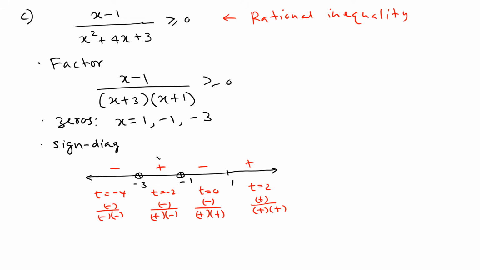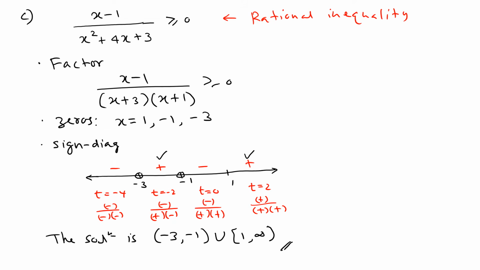So the solution is negative 3 comma negative 1, both open, union, and then 1 closed, 1 to infinity, because 1 is coming from the numerator. That is the solution for that problem.